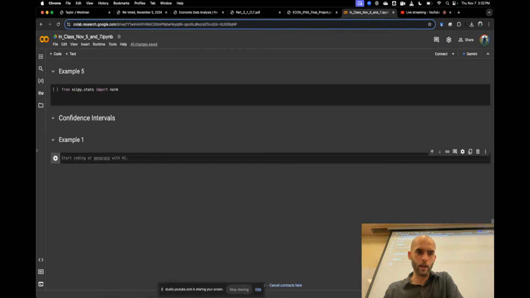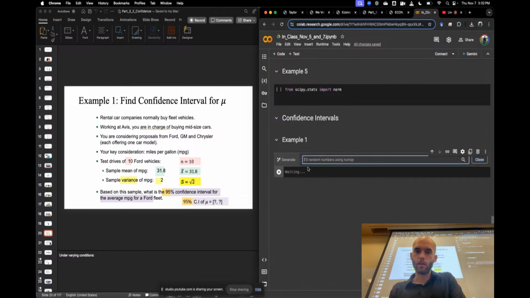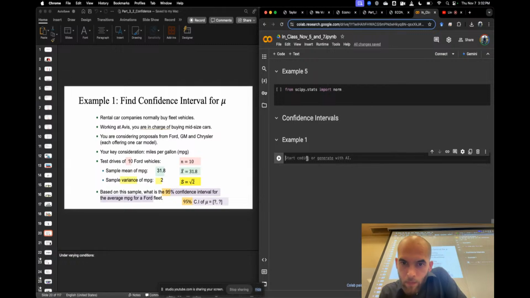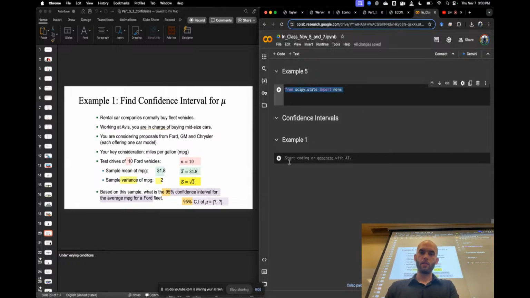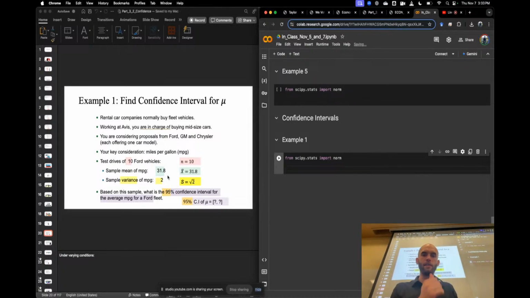Okay, so let's import StatsPy, SciPy stats, and what we're going to try to do is construct these confidence intervals.